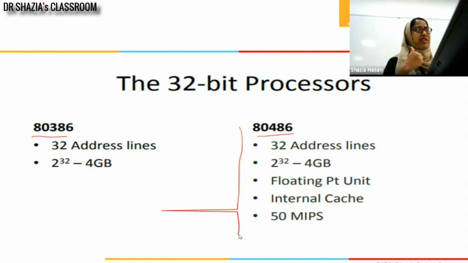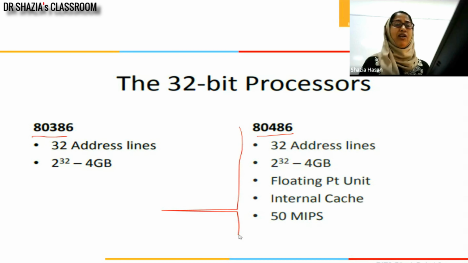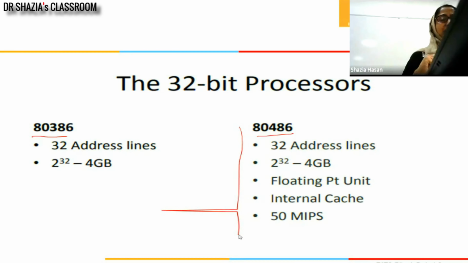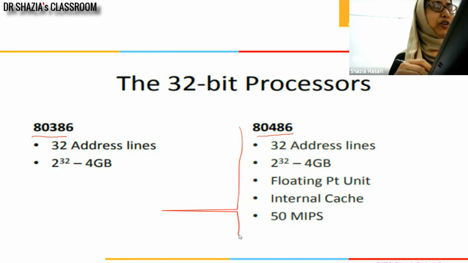Our previous families up to 386, 8086, 80286, 80386, or 8085, any previous versions of microprocessor, were all fixed point processors. What is a fixed point processor, and what do you mean by a floating point processor? A fixed point processor is capable of performing operations on integer values alone.